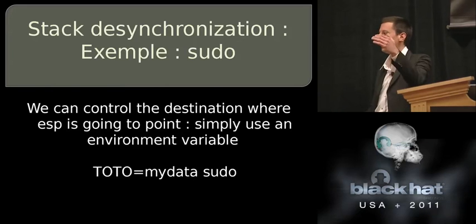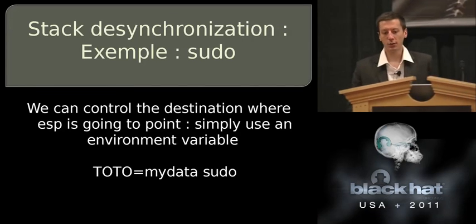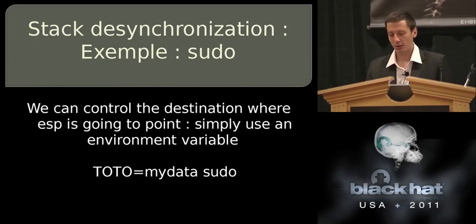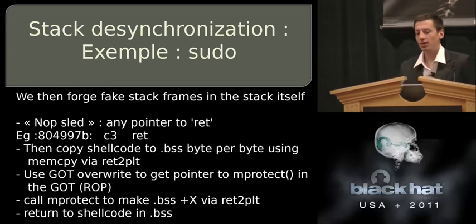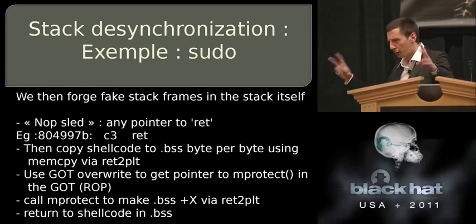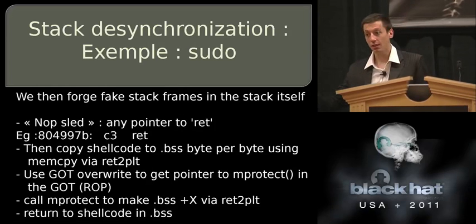When ESP is incremented by returning to a prologue which switches ESP by a lot, we can create our own stack frames inside our environment variable after the stack. Typically, in this case, you don't use a proper NOP sled like 0x90.